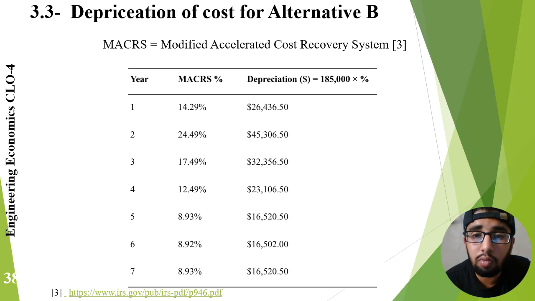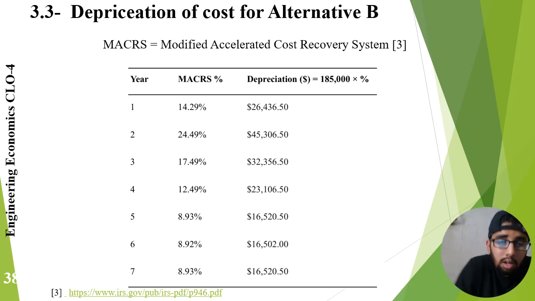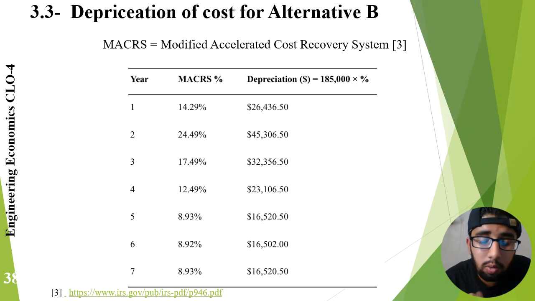Now depreciation for the cost of alternative B. Depreciation allocates the cost of an asset over its useful life. Although depreciation is a non-cash expense, it significantly affects taxes and after-tax cash flow.